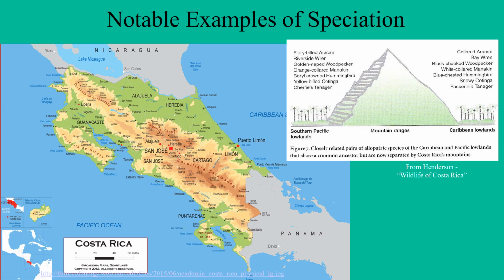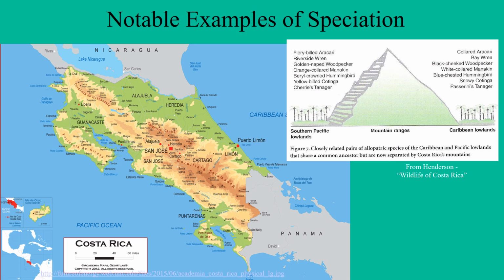There's lowlands on each of the sides, and then there's high elevation mountain ranges. Through its development over the last 5 to 15 million years, when the land bridge formed connecting North America and South America, these island ranges rose up and basically separated the Pacific side from the Caribbean side.